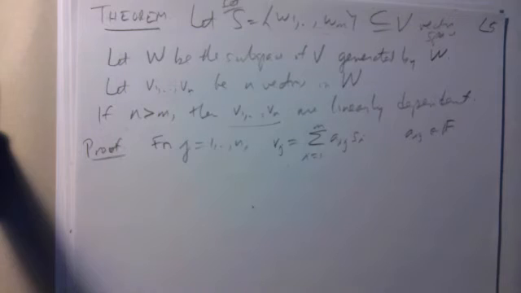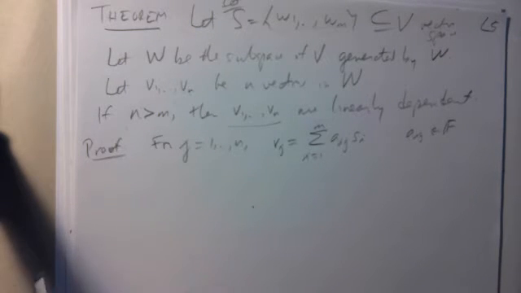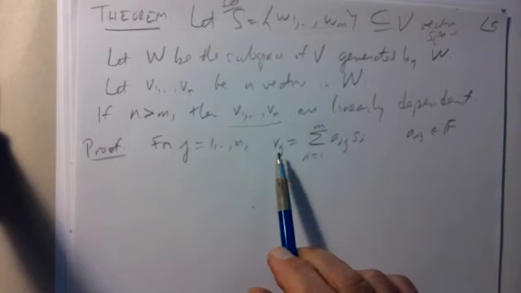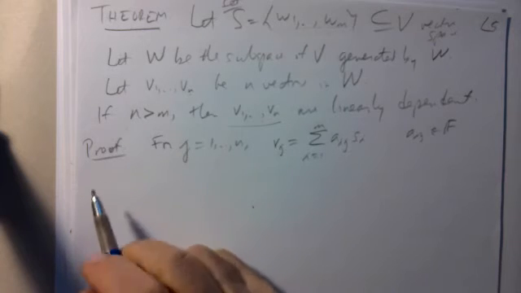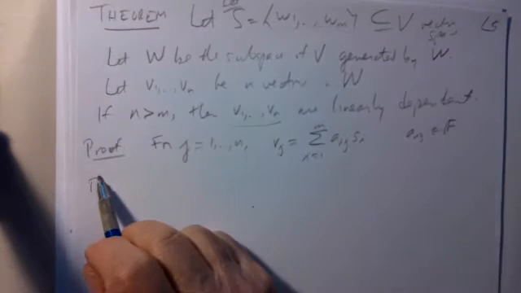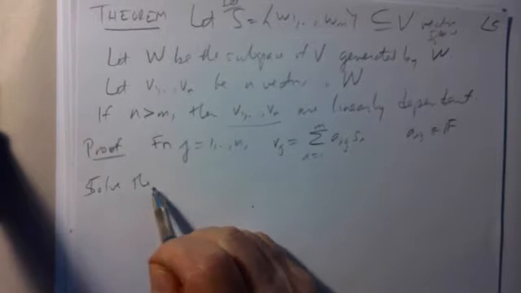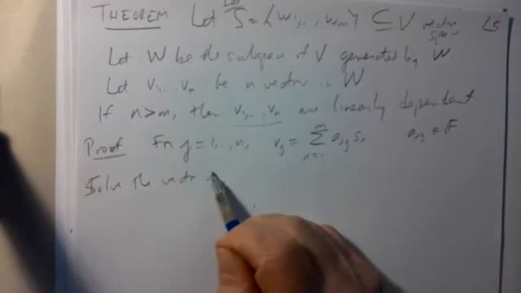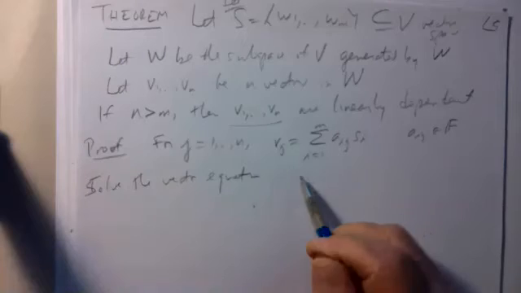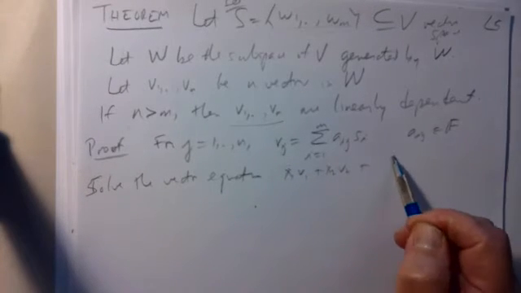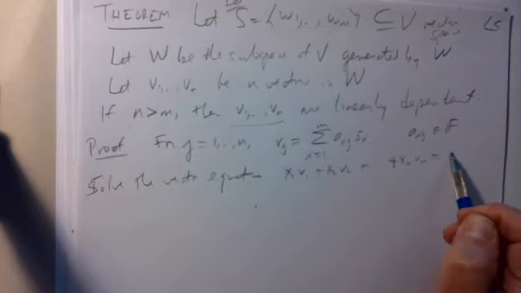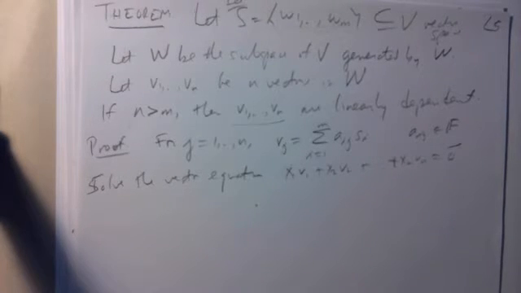And so the question is, can you find a linear combination of the vj's equal to the 0 vector, with not all of the scalars 0? So we want to solve the vector equation x1 v1 plus x2 v2 up to xn vn equal to the 0 vector.